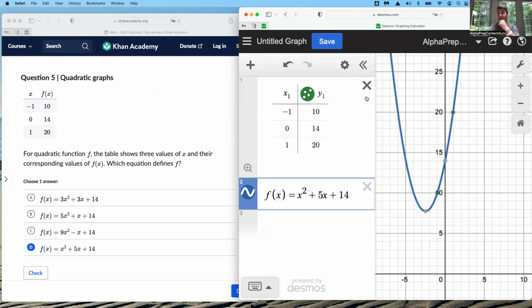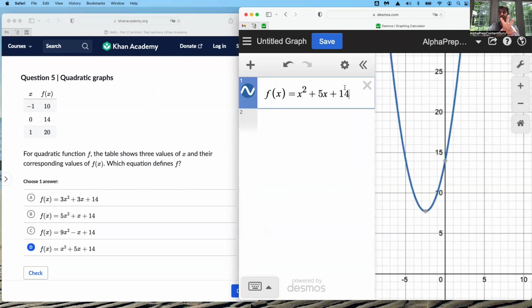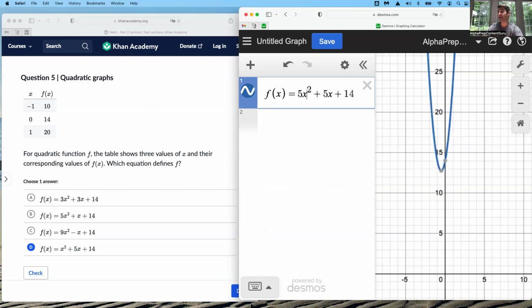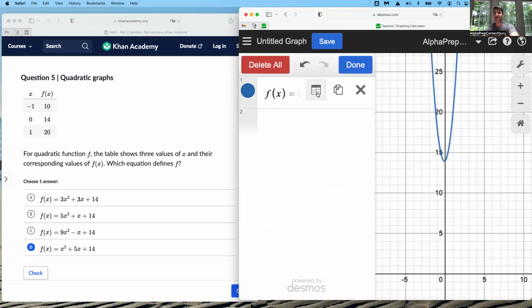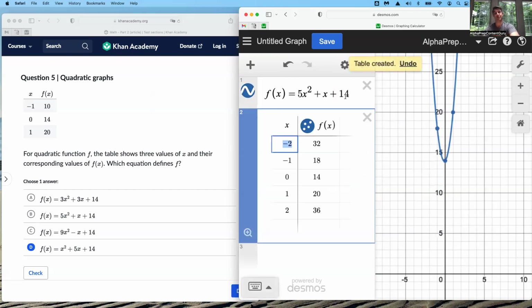Another option, which is a very cool option, is that instead of putting the table in first, I could put a function in. So I'll put in answer choice B because I know it's not the answer. And you can click here and you can create a table associated with that particular function that you put in. You can change the x values to the x values that are in the given table.